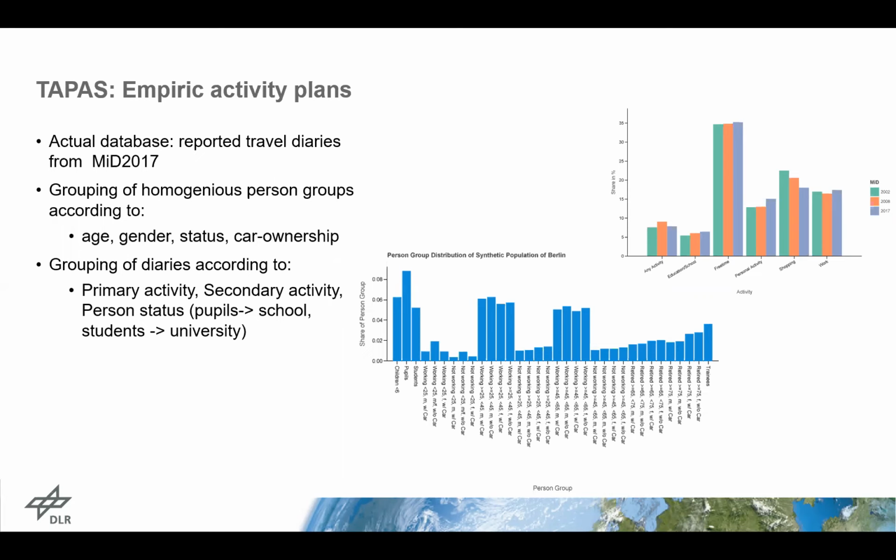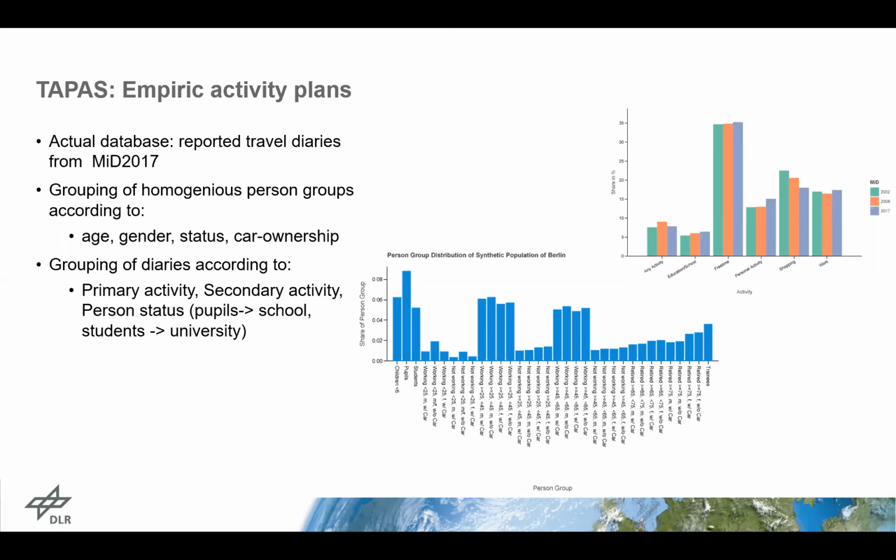That's how we group the diaries. And we do basically the same with the persons that you see on the blue bars on the bottom. We have 33 person groups, which are basically divided by age, by status, that means working, non-working, retired, students, pupils, and so on, and gender and car ownership.